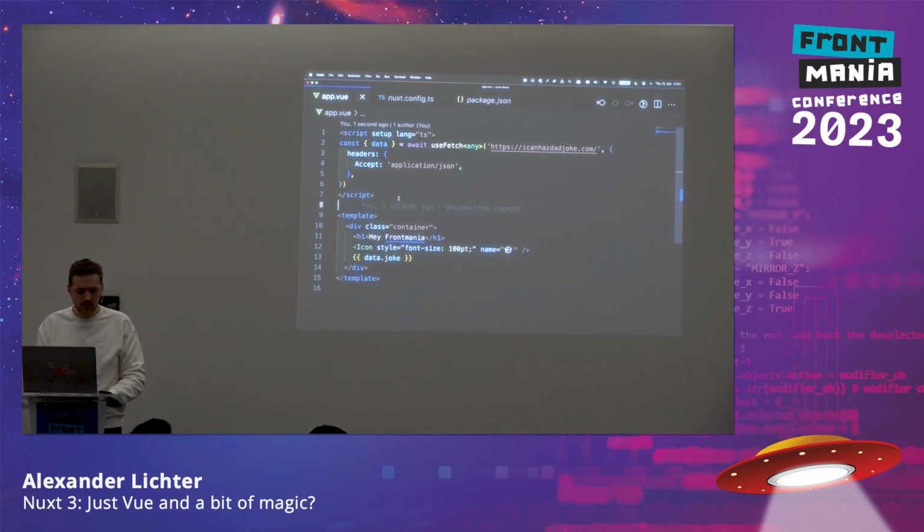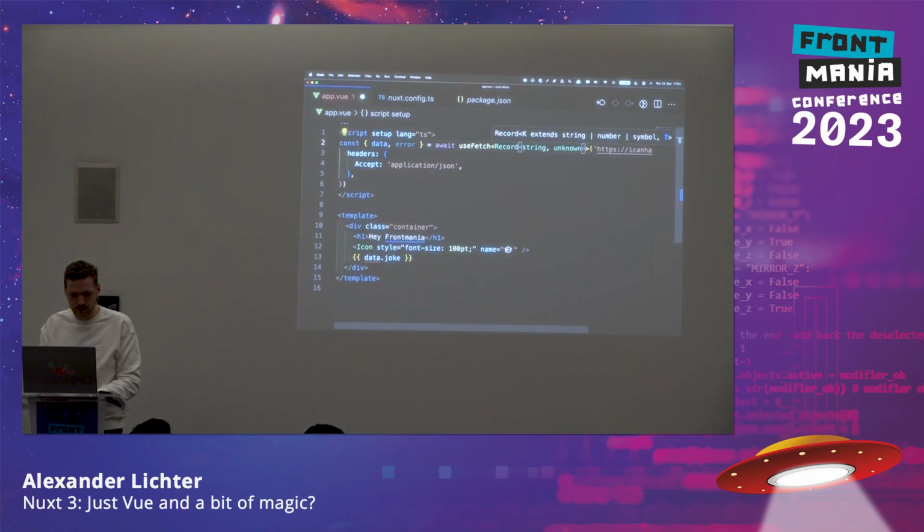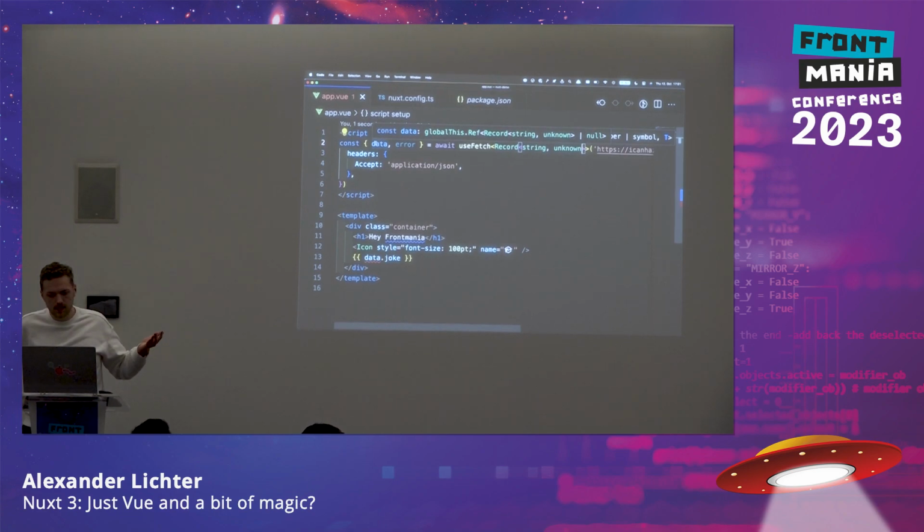We also have an error property. The good part is that, let's say we just do maybe record string unknown here. It's also fine. And let's have a look. Here we see, if we check the type of data, it's a ref, a reactive reference in Vue. And that either contains a record that we just defined, string unknown, or null.